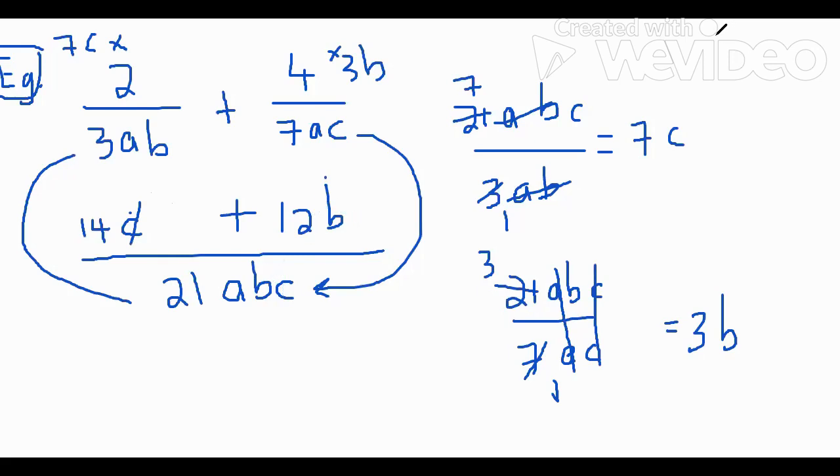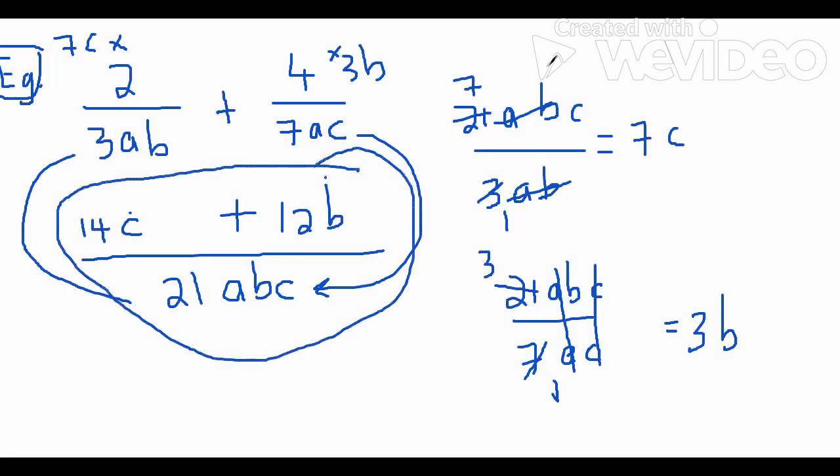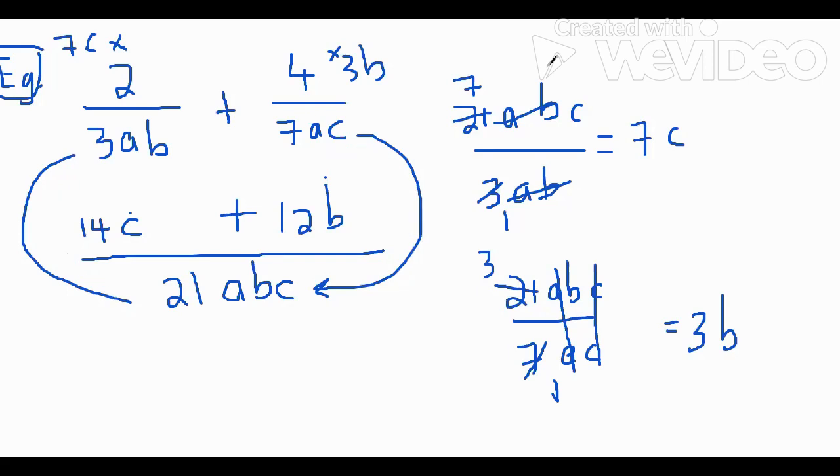So the answer would be 14C plus 12B over 21ABC. Where's the answer again, sir? All of that is the answer: 14C plus 12B over 21ABC.